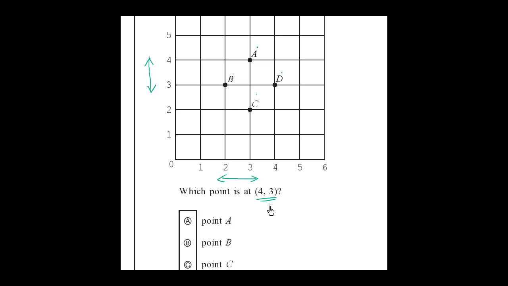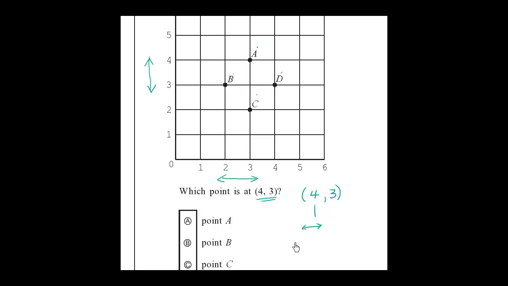Well, in any set of numbers like this that tells you the position or location of a point, we look at the first number. Let me write this over here. This is the first number, and this is the second number. The first number is the number that goes across, left to right.